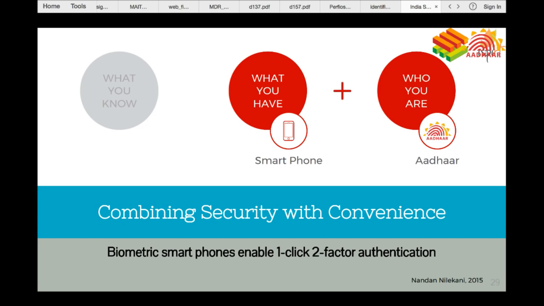And over the next year, we are seeing more and more of the what-you-have factor, the smartphone, becoming dominant, and Aadhaar authentication coming in as well as a who-you-are factor. This combines security with convenience, and it allows you to create the equivalent of the one-click two-factor authentication.